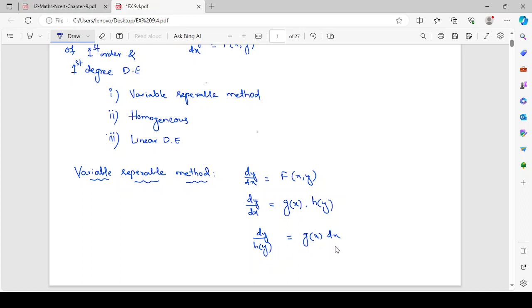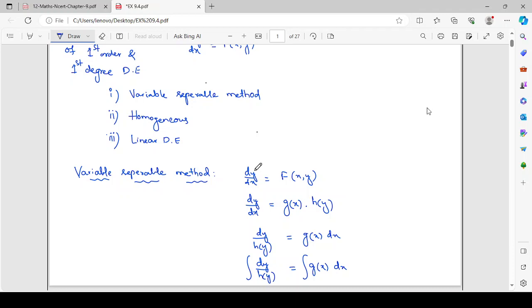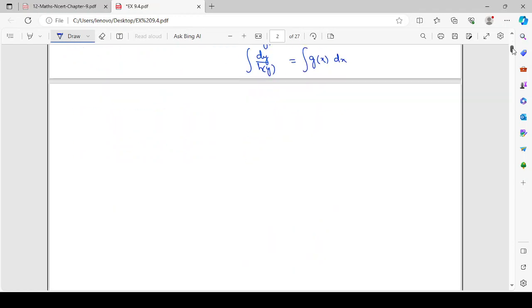Once the variables are separated, the method to find the solution is integrating on both sides. So the integration of dy by h of y is equal to the integration of g of x dx. If you know the integration formulas, this is the easiest method, I can say. You can solve the questions very easily. Let's move to the further exercise questions of the CBSE textbook.